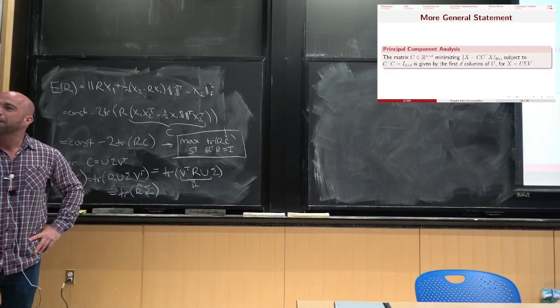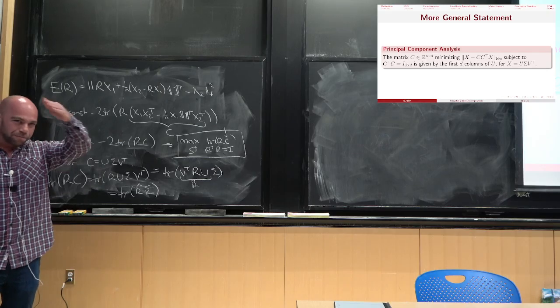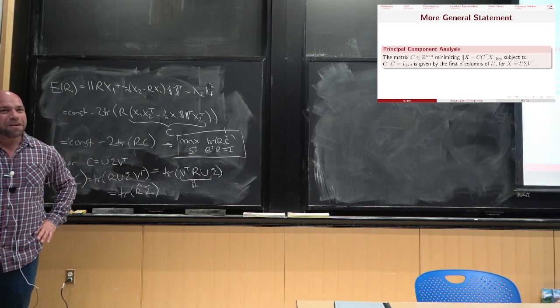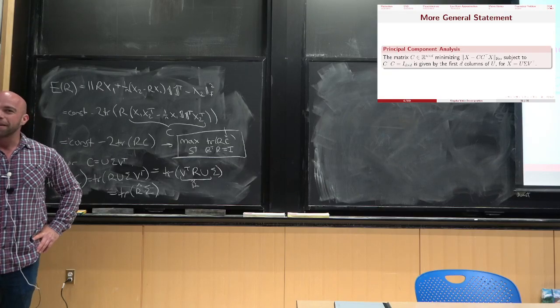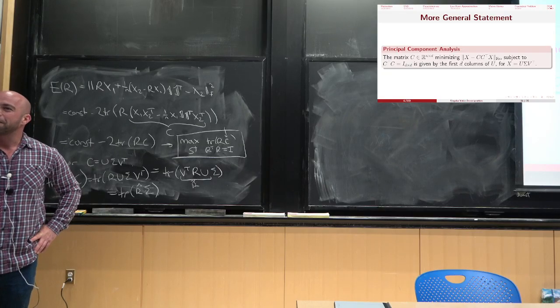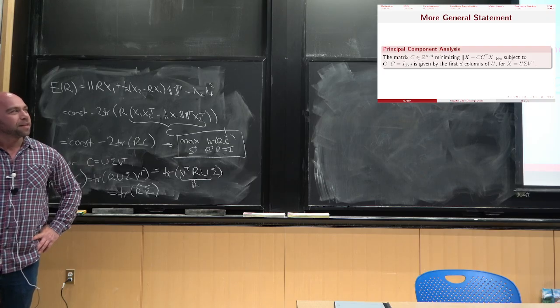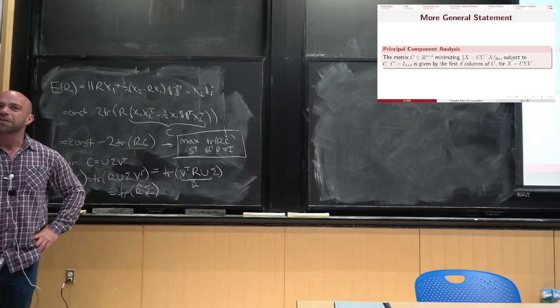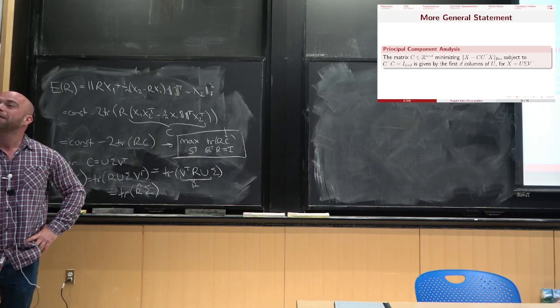Our original proof showed that the principal singular vector is the principal PCA axis. But if you apply the theorem we had last time, which showed that SVD gives a good rank-k approximation of a matrix, then that justifies the more generic version of PCA that we all know and love. So I will let you read about that at home.